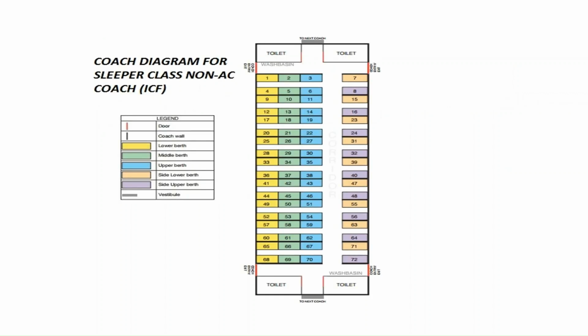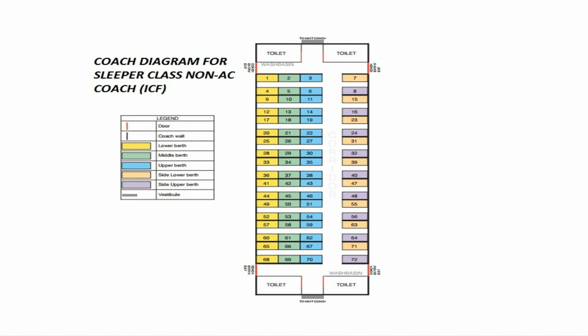So here a pictorial representation of the seat numbers is given. It is explicit that the yellow color represents the lower berth seats. The numbers are 1, 4, 9, 12, 17, etc. up to 68. Next, the green color represents the middle berth with seat numbers 2, 5, 10, 13, etc. up to 69.